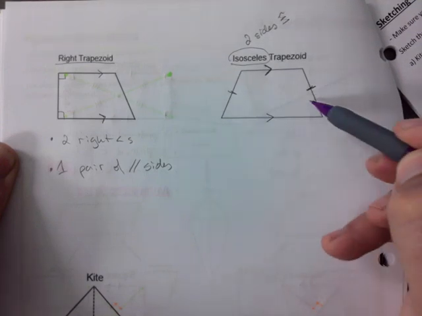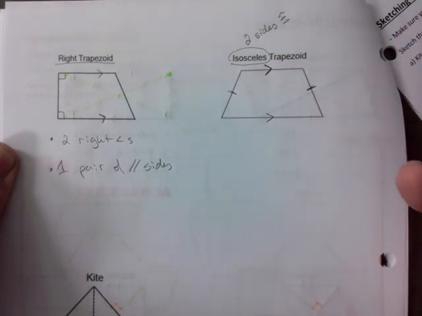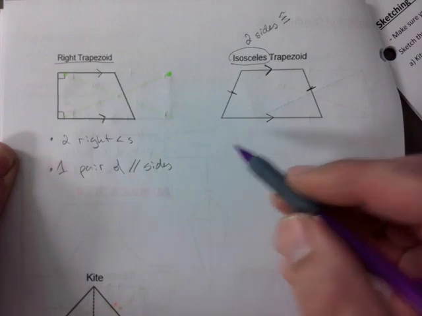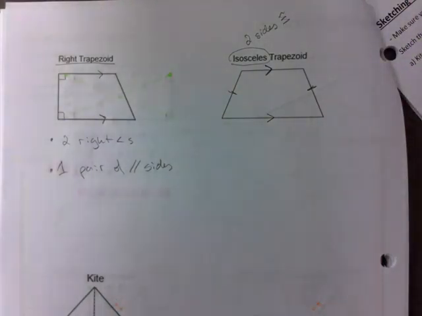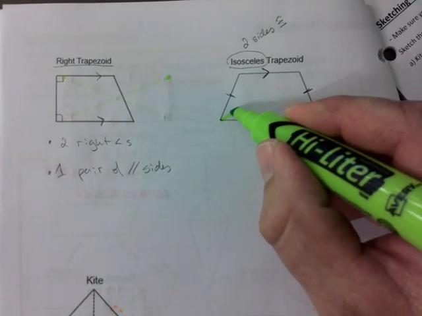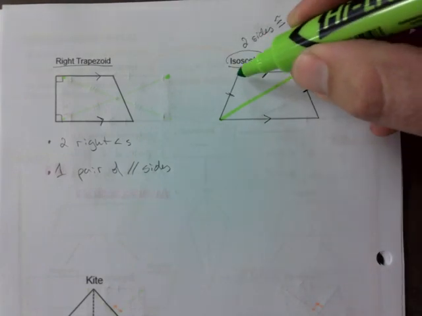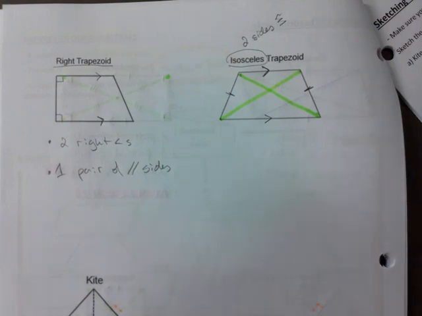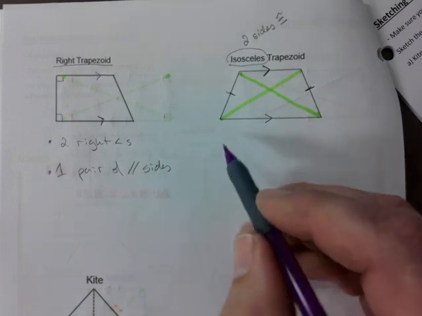The sides, if you were to extend them, would actually touch at one point. They're not parallel. One more here: the diagonals are congruent. So going from here to there is the same distance as going from here to there.